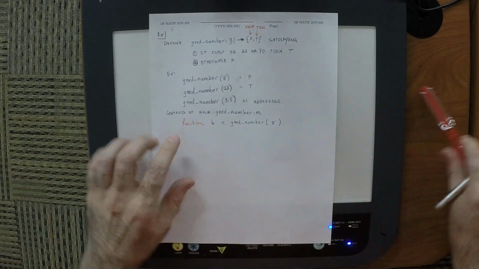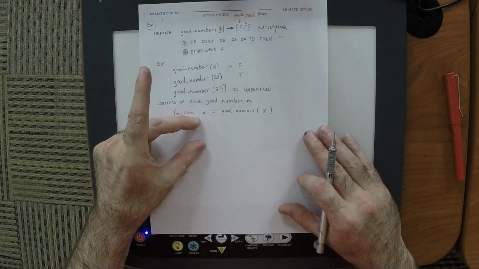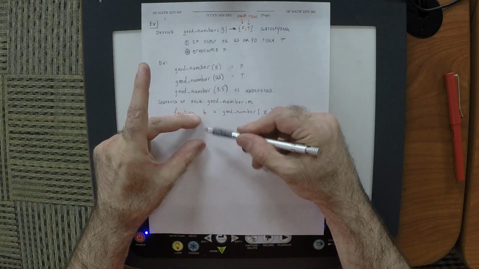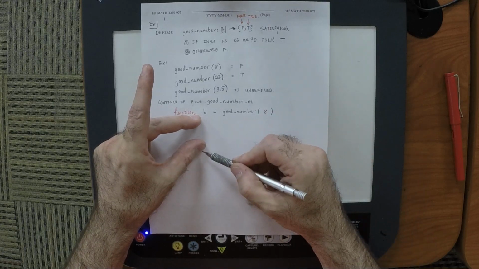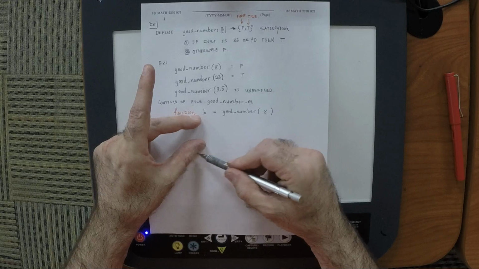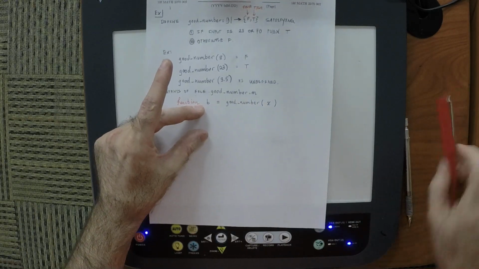Okay, so now what we want to do is write something. I'm going to leave myself some vertical space right here, because I'm going to write in there in just a moment. And now I want to write the definition of this function. So how can we do it?